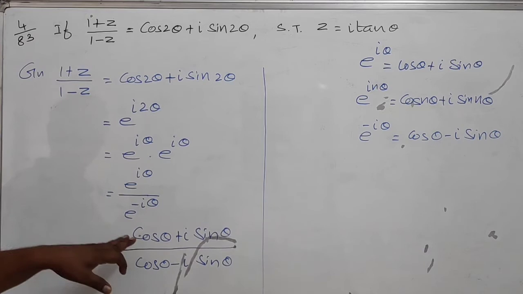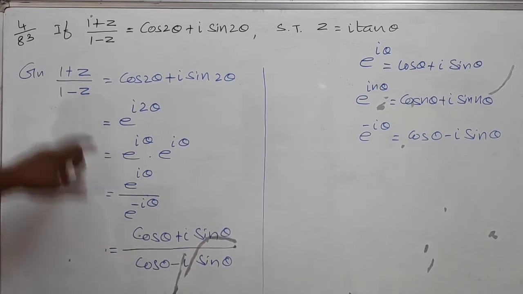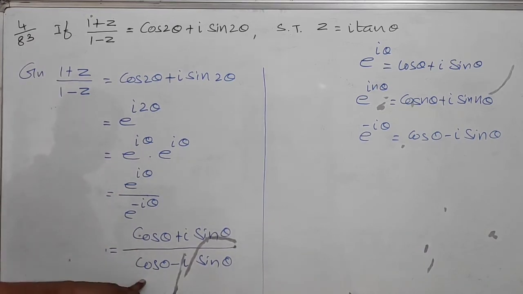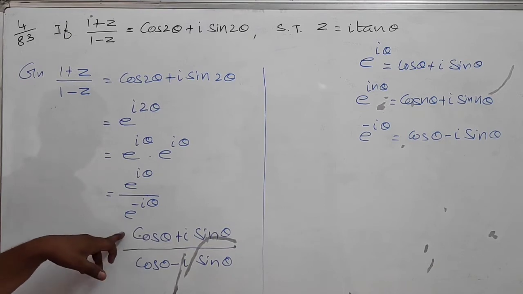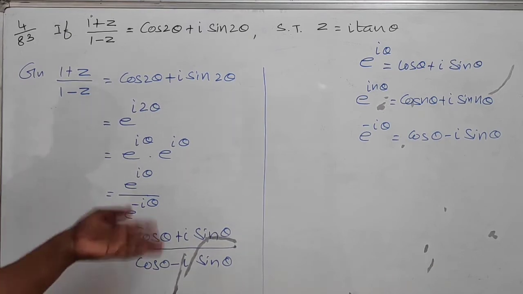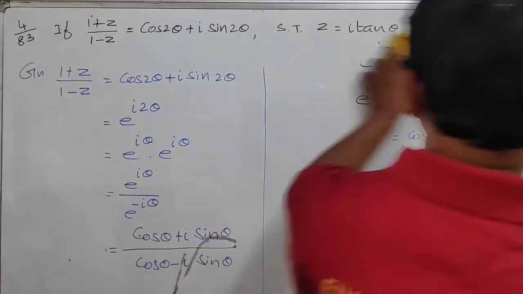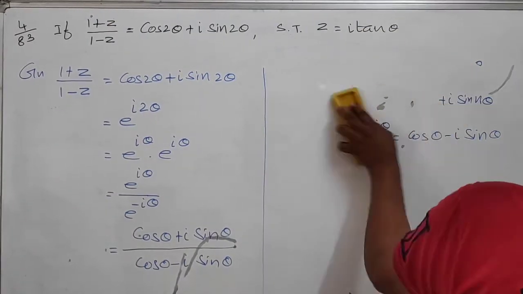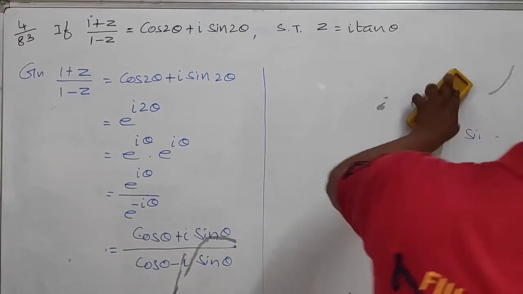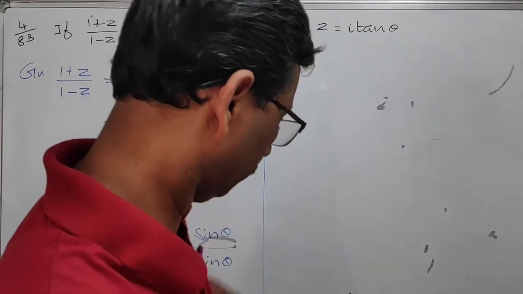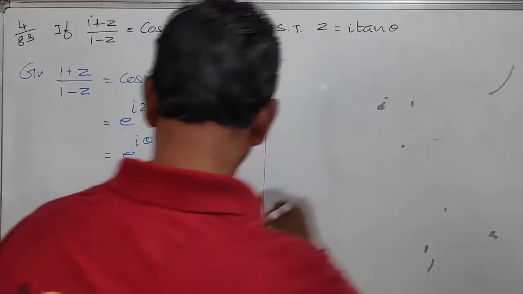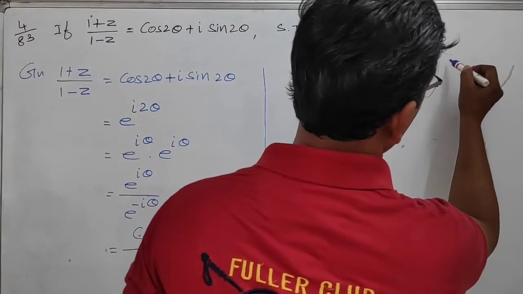After this, we have to make the first term as 1. Therefore, here cos theta means you divide both numerator and denominator by cos theta on RHS.